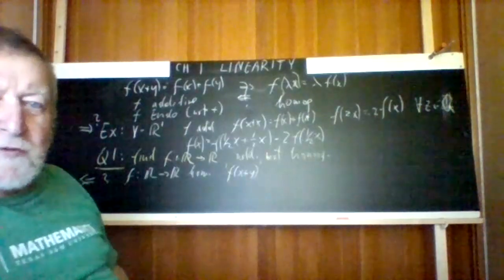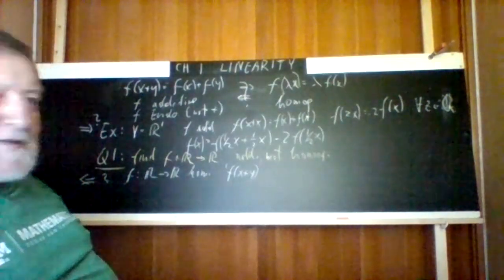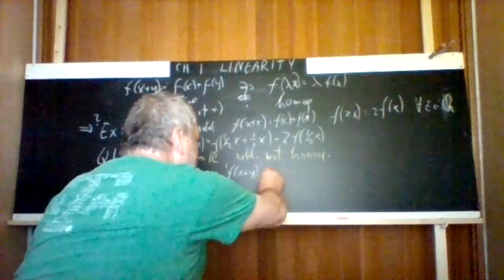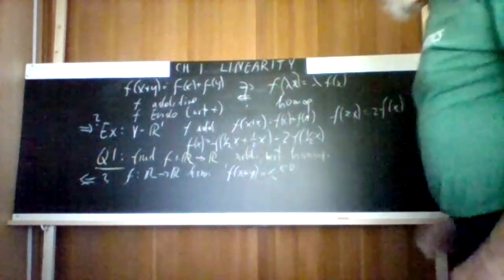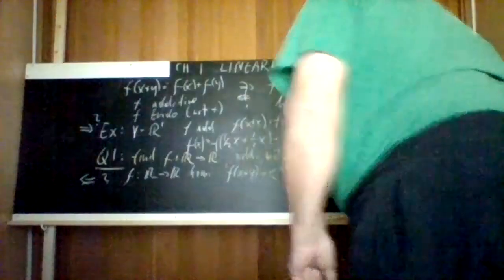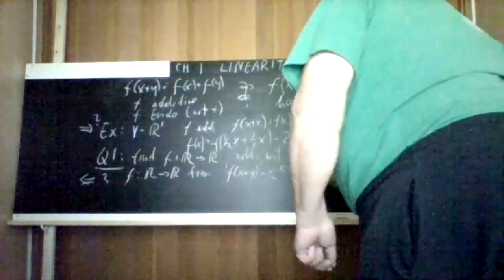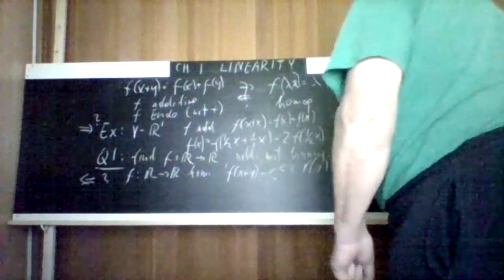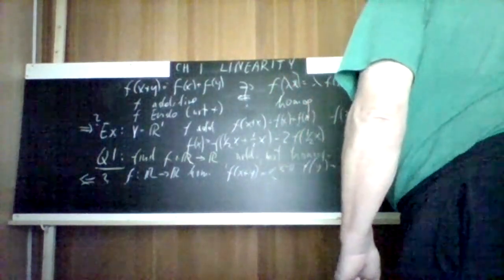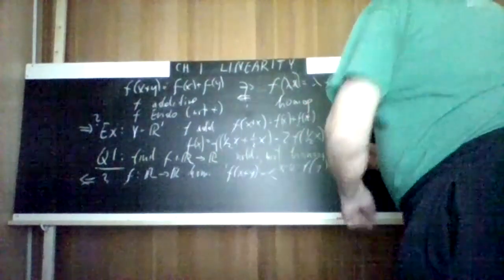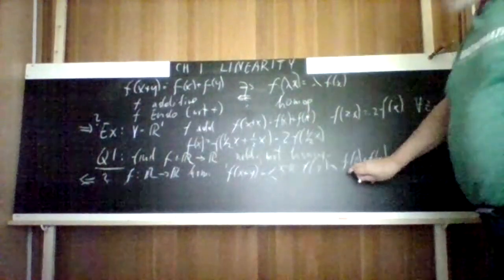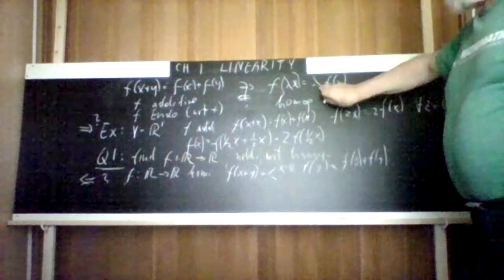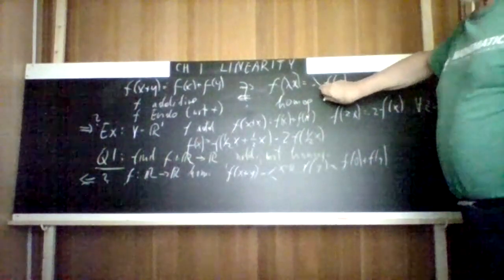Now, we have to distinguish two cases. If x is equal to 0, in this case, we have f of y here, and this is the same as f of 0 plus f of y, because f of 0 has to be 0 by the homogeneous property if you take lambda equal to 0.